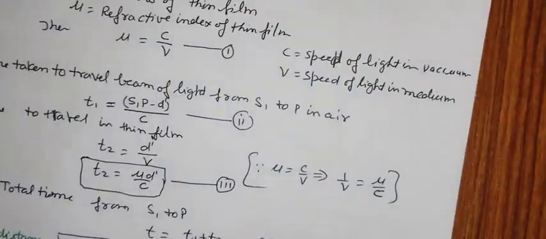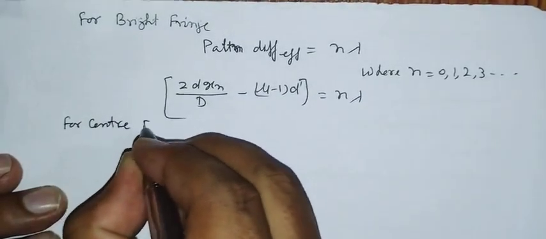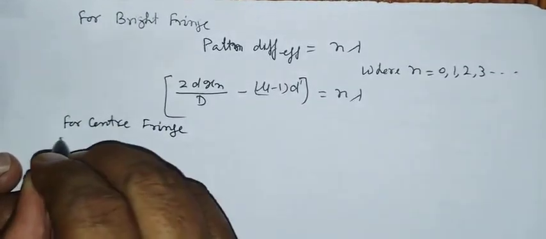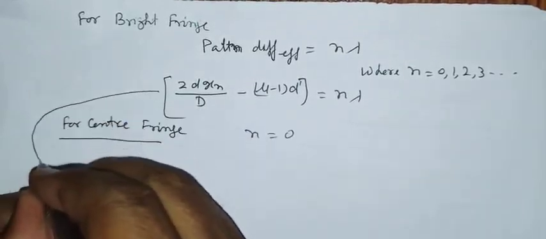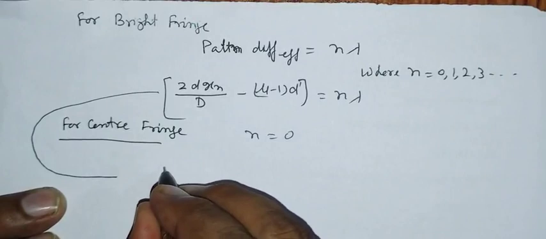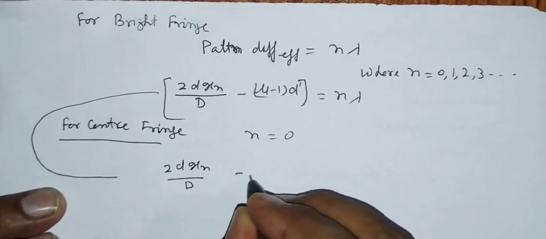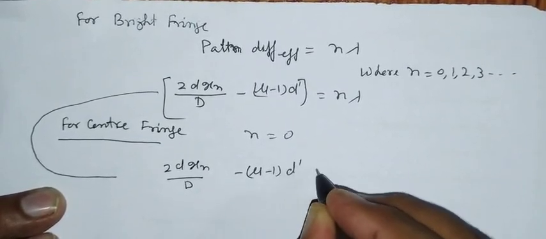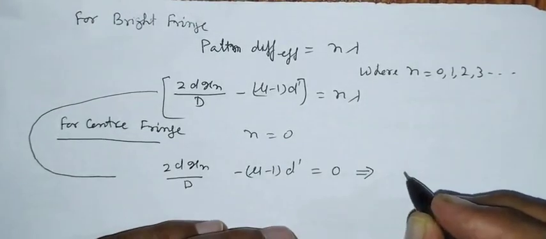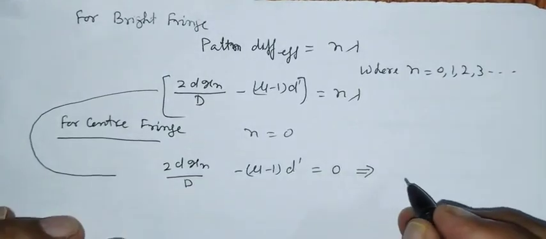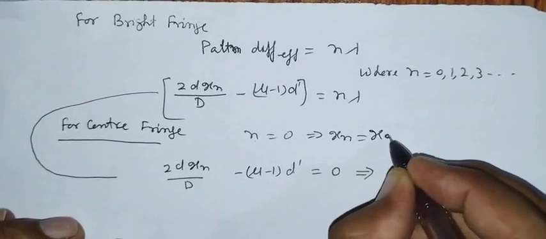Now for the center fringe, n is equal to 0. Then when n is 0, these equations can be written as 2d xn by capital D minus (mu minus 1) d dash is equal to 0. If n is 0, then xn is treated as x0.